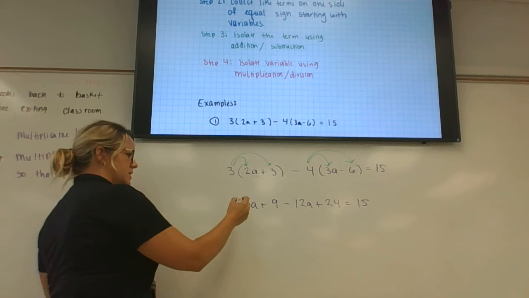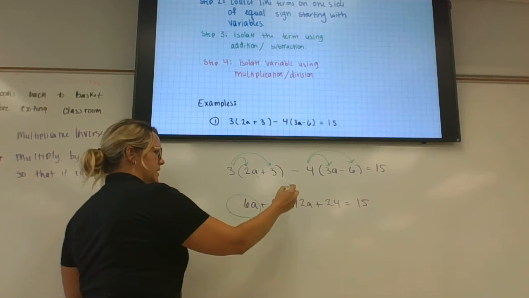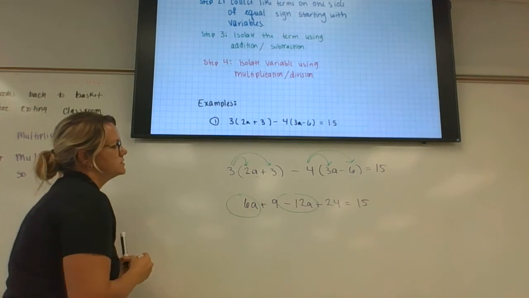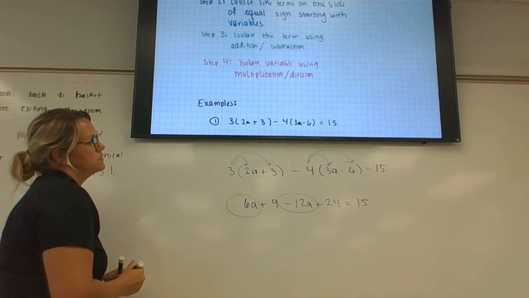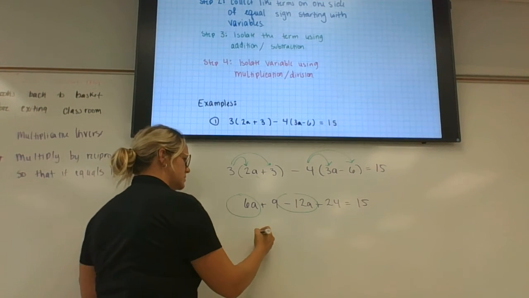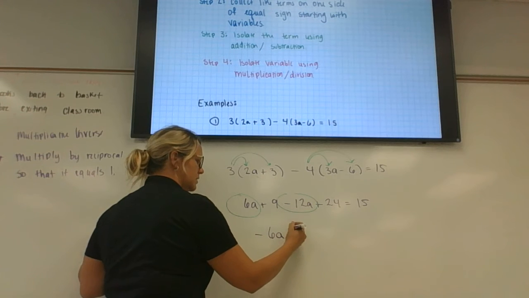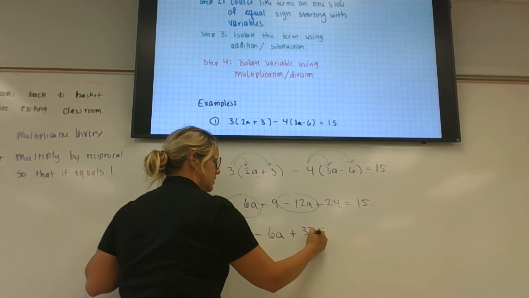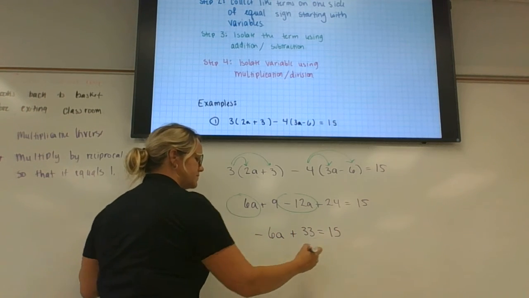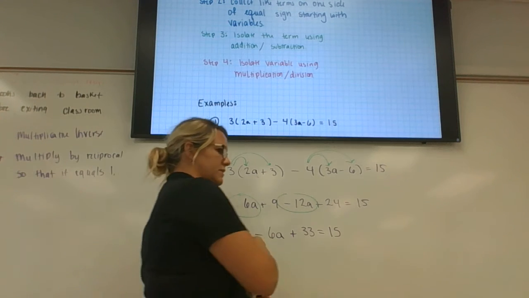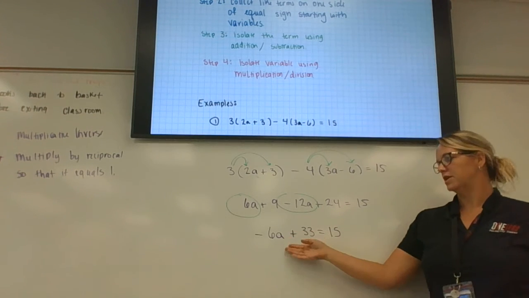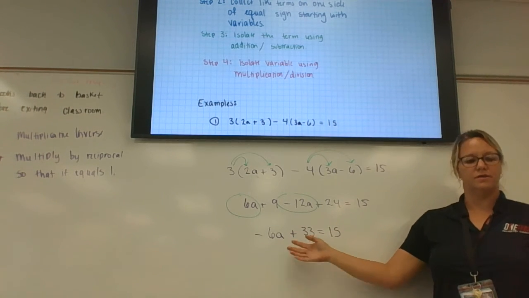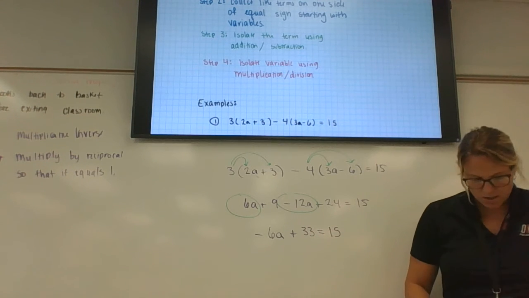And then we're going to continue to simplify the left side by combining like terms. And now the left side has been simplified as much as possible. There's nothing more I can do here. There's no like terms.